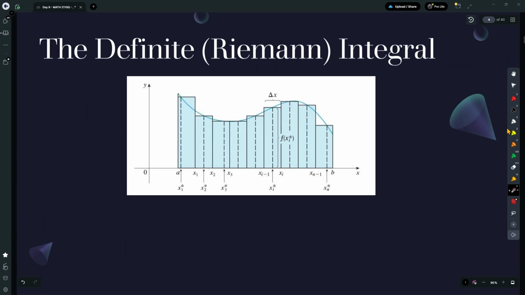As a reminder, the Riemann sum in this case would be a sum from i equals 1 up to n of the areas of those rectangles, which is f of xi star, the height, times the length of the subintervals, which in this case is delta x.